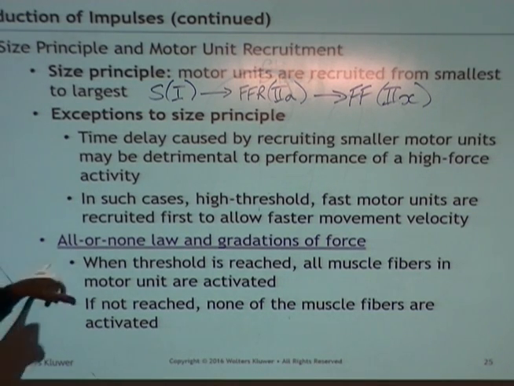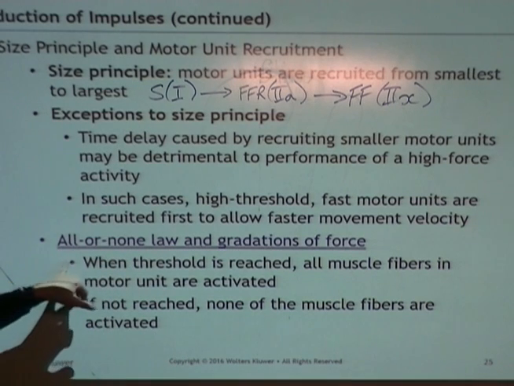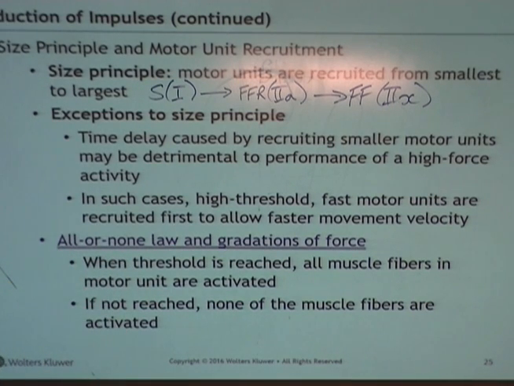And then one more thing we have to understand about our motor units. If you remember back to the diagram last week where we had the two motor nerves and their attachment to the muscle fibers.